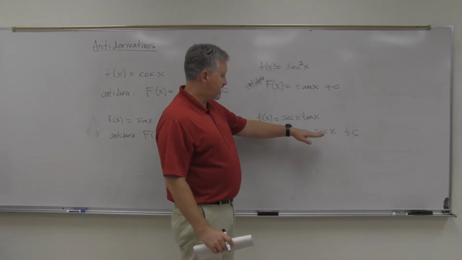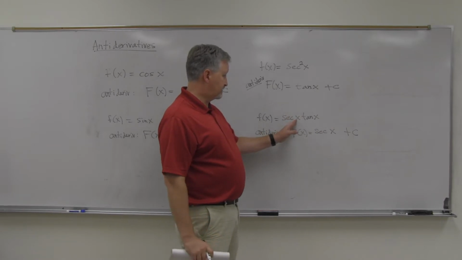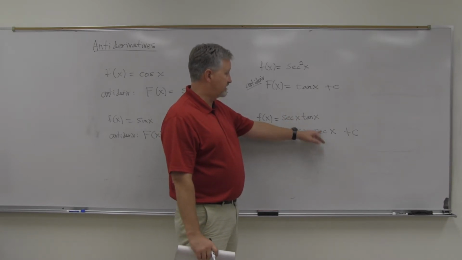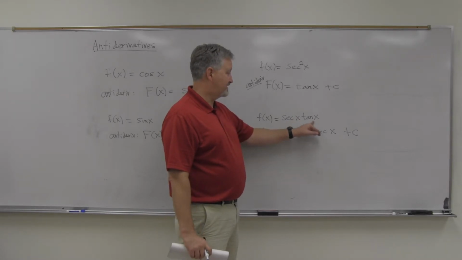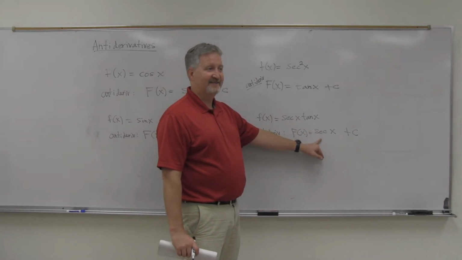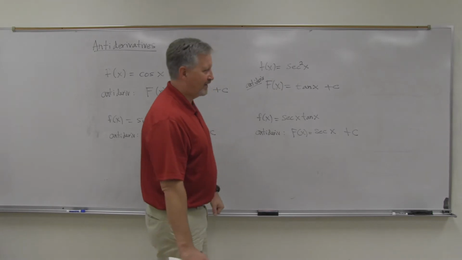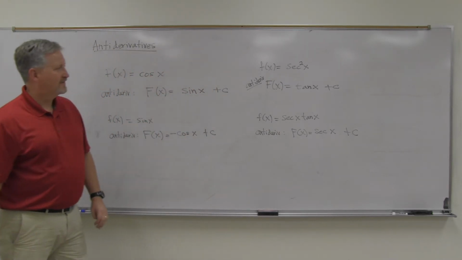Yeah, because the check is to do the derivative of that and get that. The derivative of secant x is secant x tangent x. So the antiderivative of secant x tangent x is secant x plus c. You kind of have to think backwards, so to speak, there.